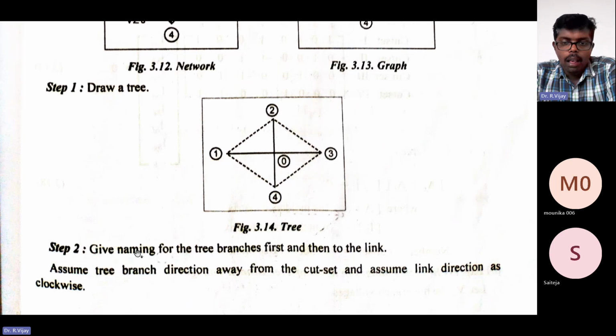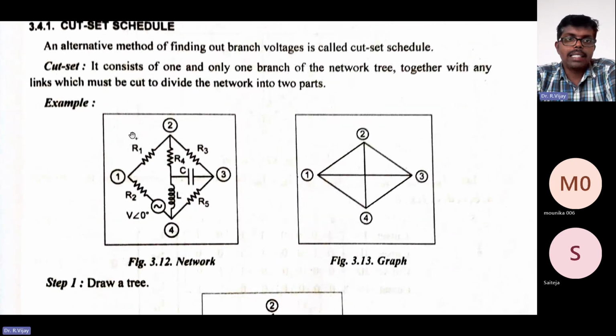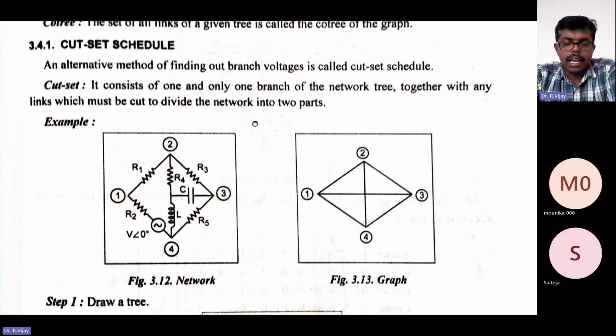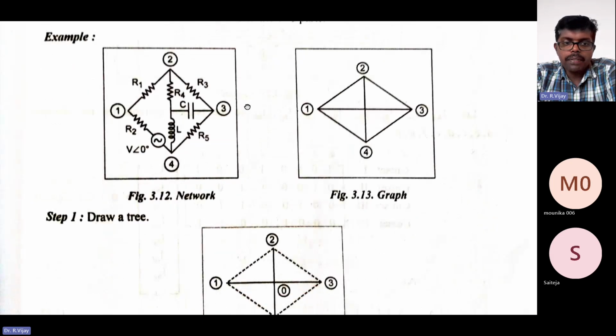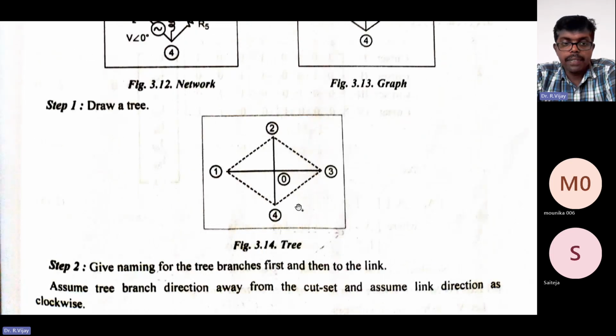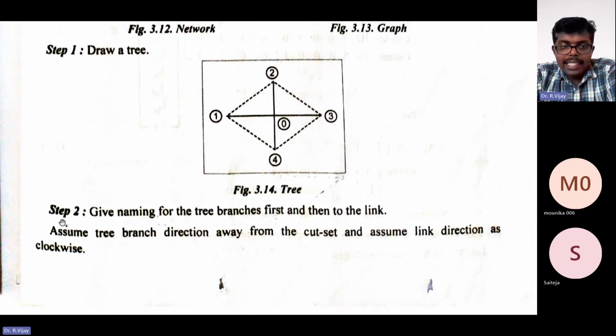Next step, step 2. These are the steps for cut-set schedule. I hope you are all noting it down correctly. What is the first step? You need to draw the tree from the graph. What is the second step?